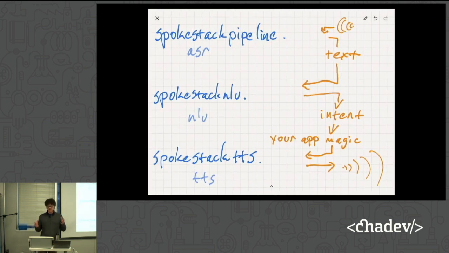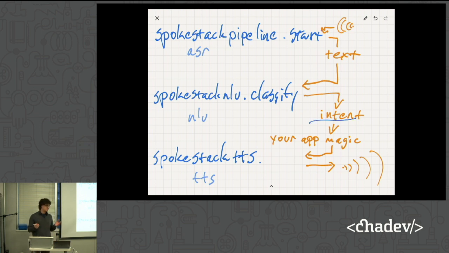So we've also tried to give you some good semantics for how to work with these 3 legs. To start your ASR, you say start, using a speech pipeline to start recognizing intents. You take your text and you say classify to get an NLU-based intent out of there.